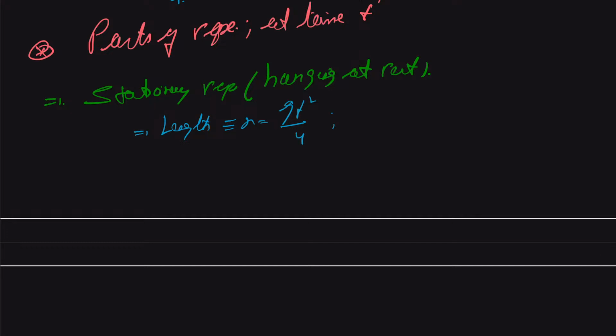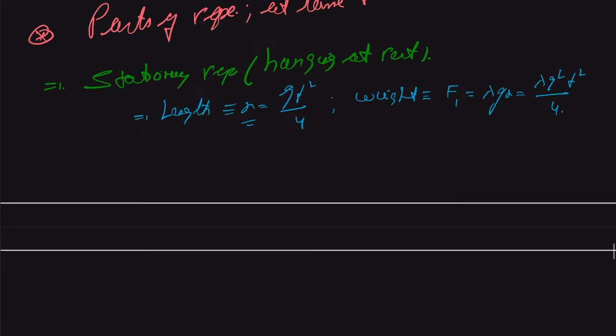And we are going to find out what is the weight. Let us call this F1, and that will be equal to lambda g x, which comes as lambda g square t square by 4, substituting the value of x. And the second one will be our moving rope, which is still falling.